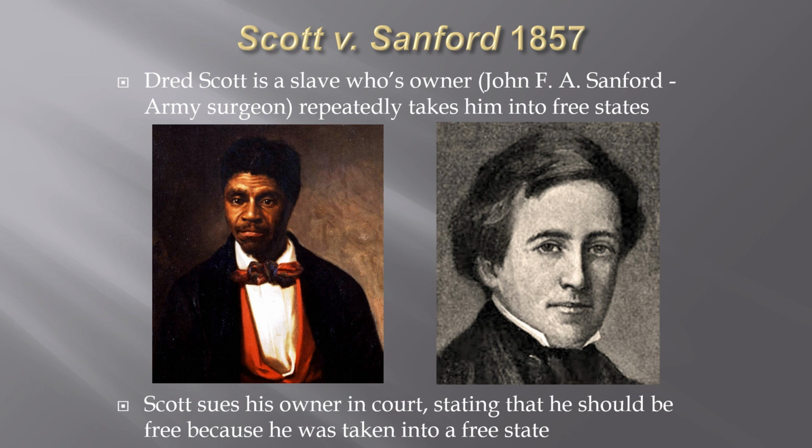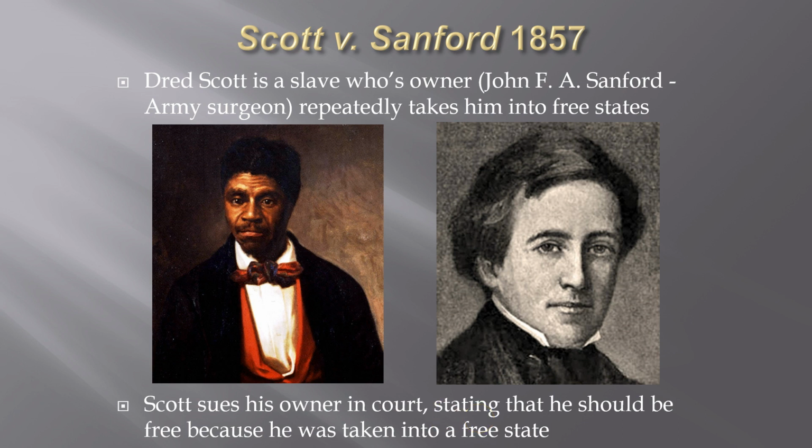So amidst all this turmoil that's going on in Kansas, you've got a Supreme Court case that's going to make everything even worse. That's the case of Scott versus Sanford in 1857. Now, Dred Scott was a slave. That's him on the left.